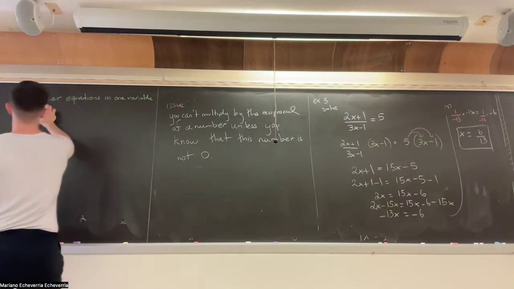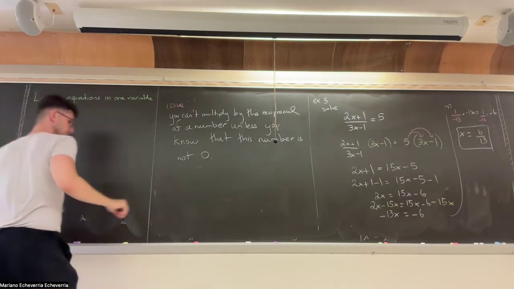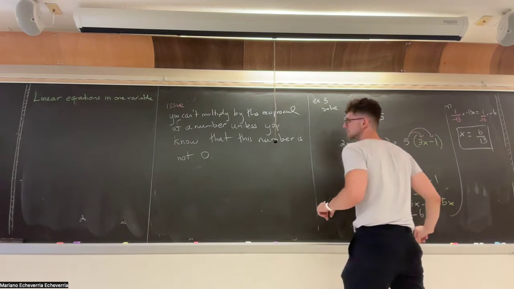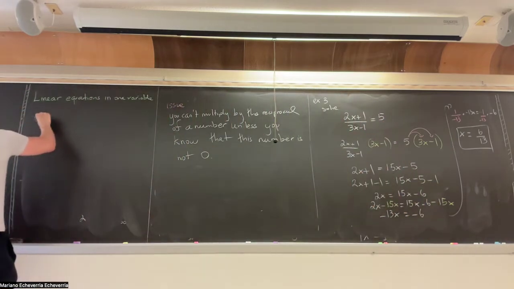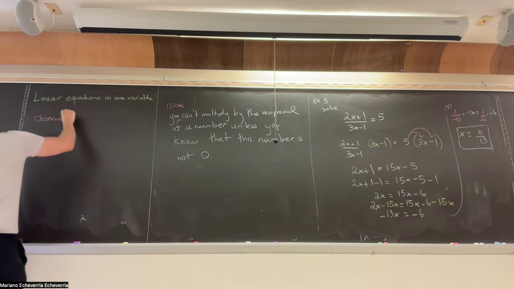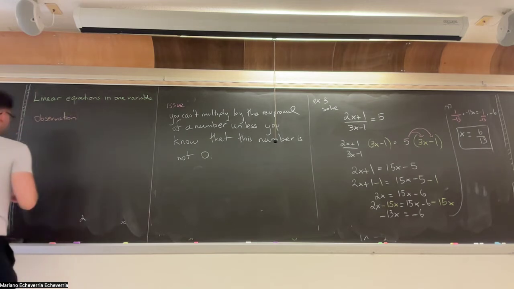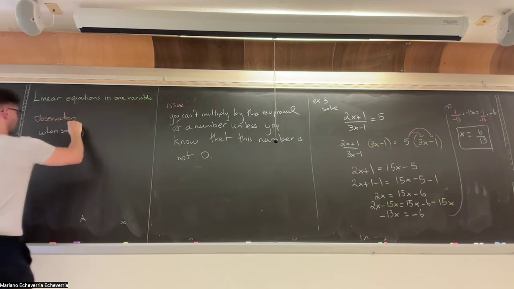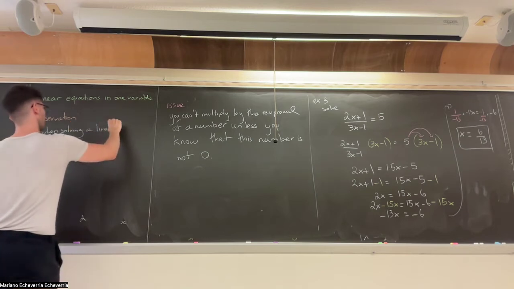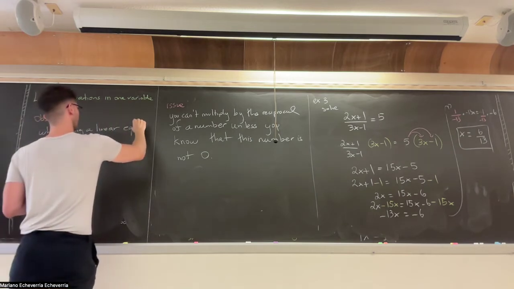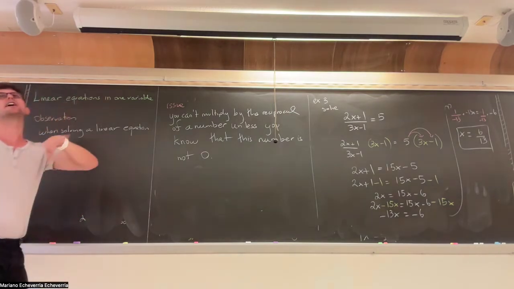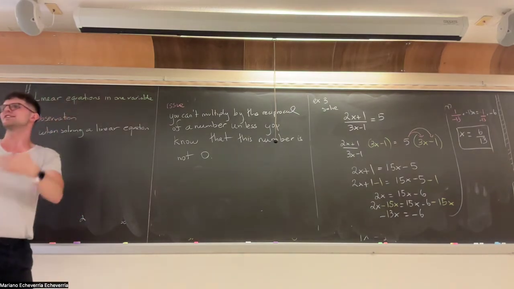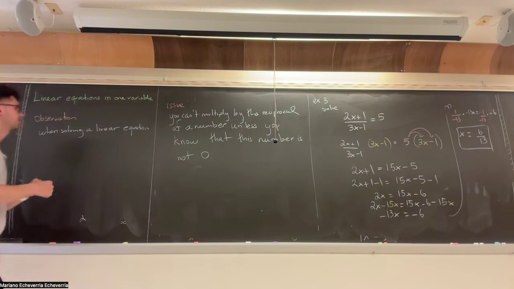So here are some observations. When solving a linear equation, in practice, I'll just write 99.9% of the time, that's really what you should expect whenever you solve a linear equation.